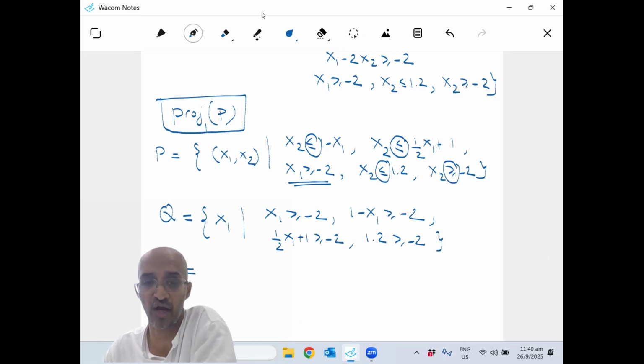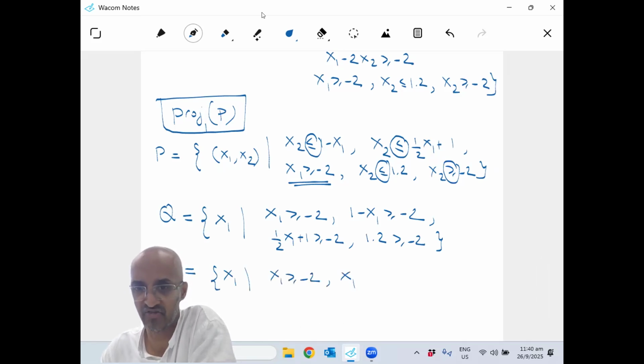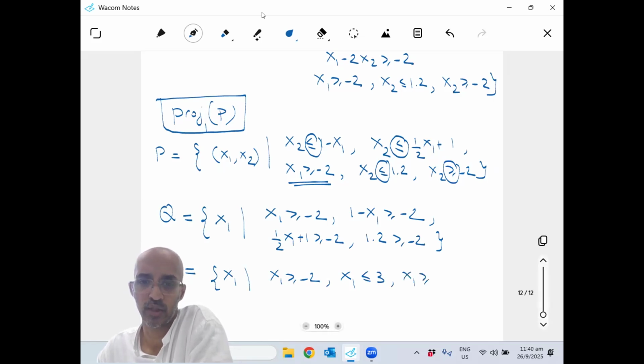So if you can write this out, it's x1 greater than minus 2, x1 less than or equal to 3. This is x1 greater than or equal to -6, I think. And the last one is just a valid inequality.